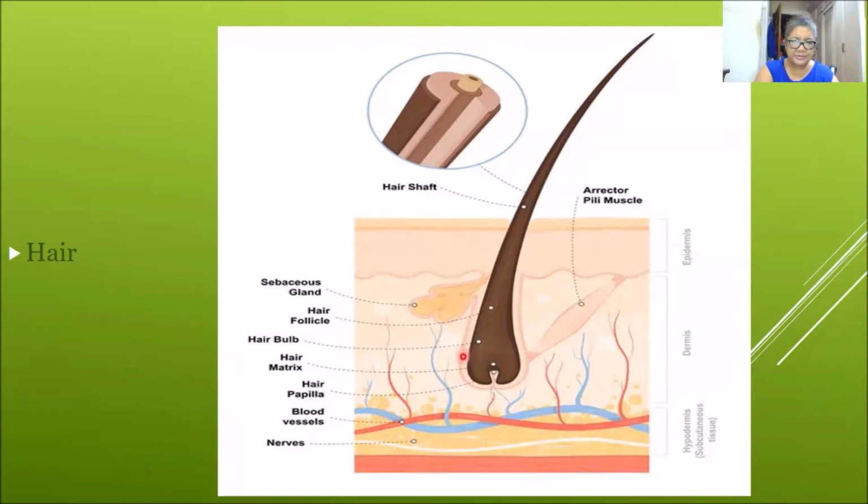The outermost layer is your hair matrix, followed by the innermost, your hair follicle.